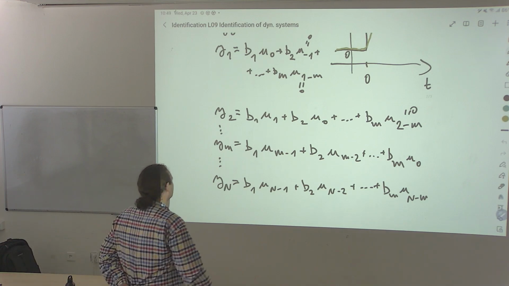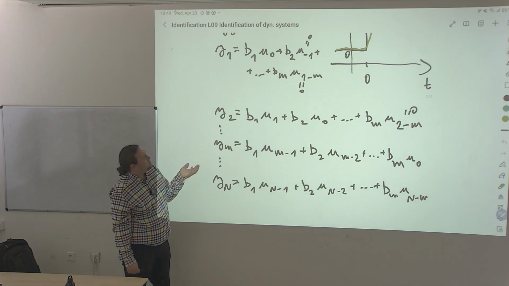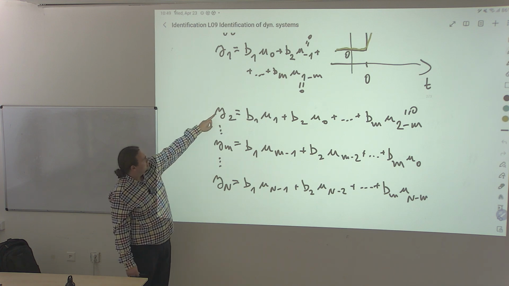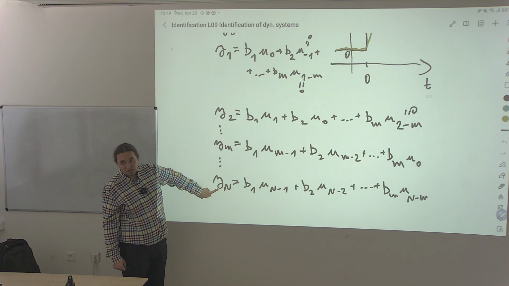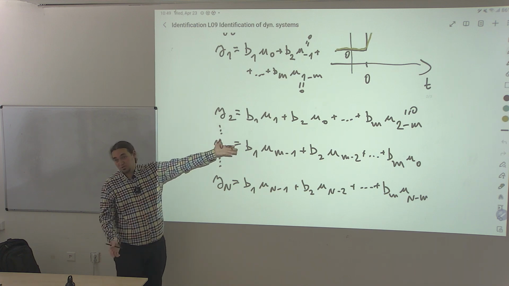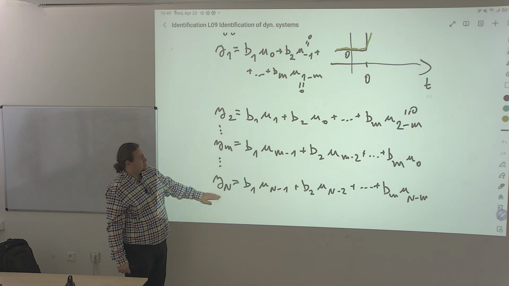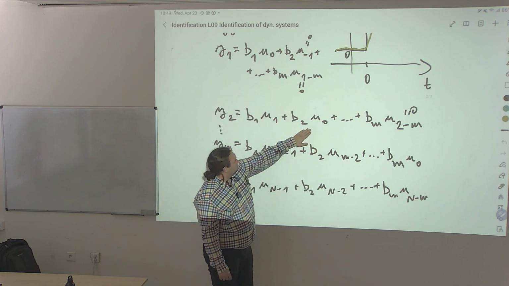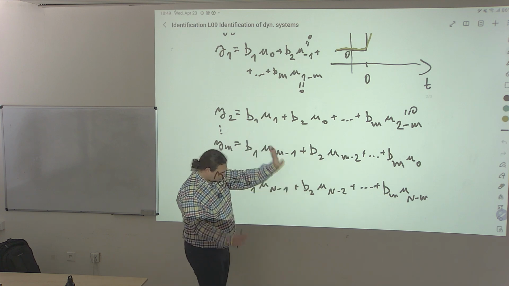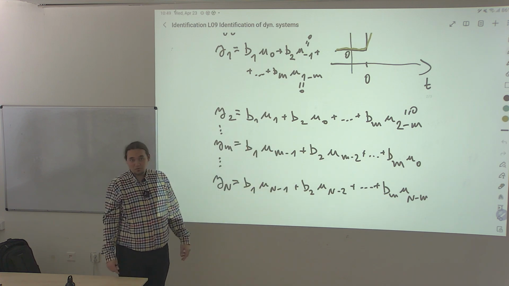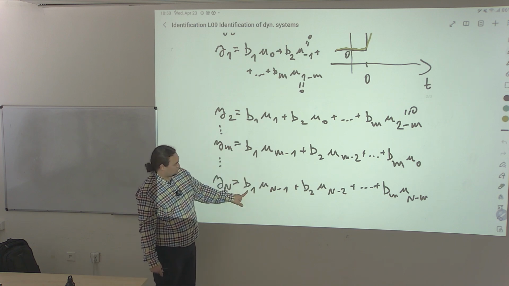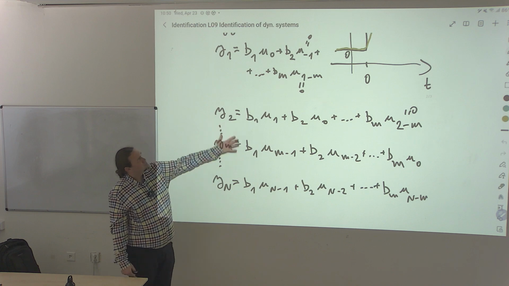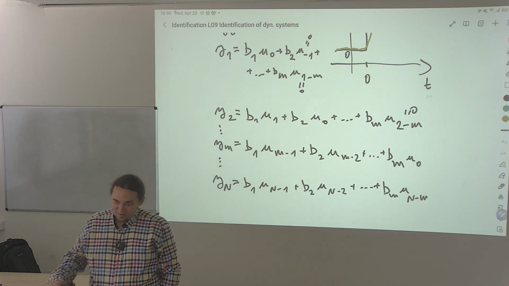So let's think about what we know and what we want to estimate. The left-hand side, the outputs, is the step response that we measured at discrete time points, and u0, u1, u2, whatever inputs, are also data that we know. Our unknowns are of course these parameters, but they all enter linearly here.